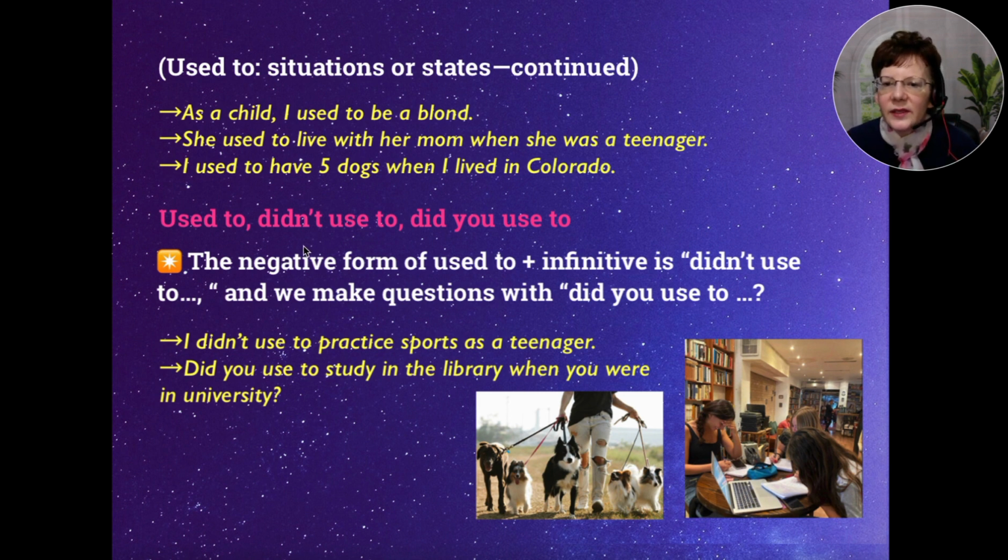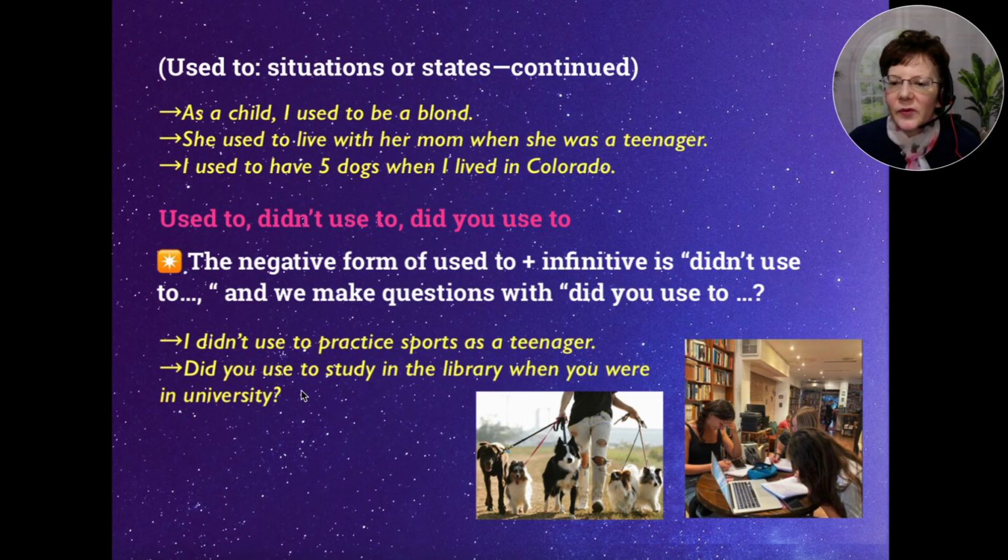Okay, now let's talk about used to, didn't used to, or did you used to, as in a question. The negative form of used to plus infinitive is didn't used to. And we make questions with did you used to, and so on.